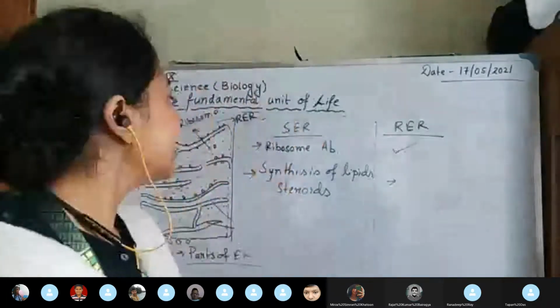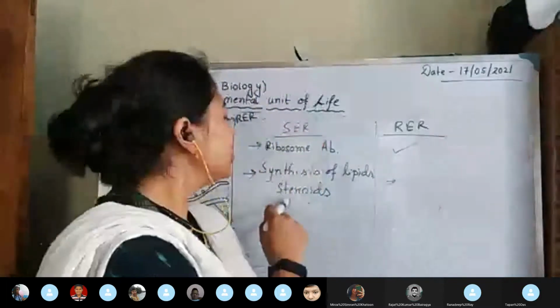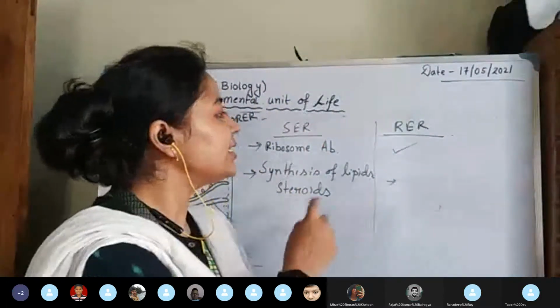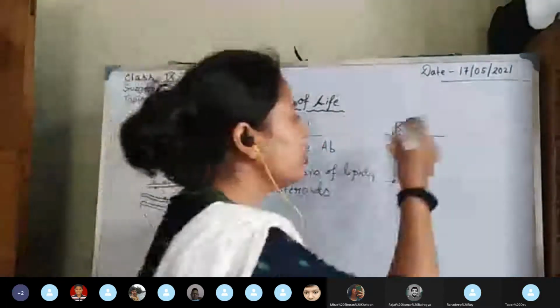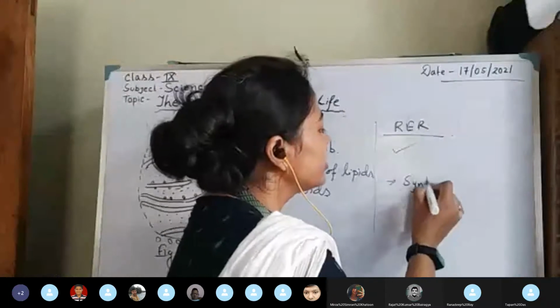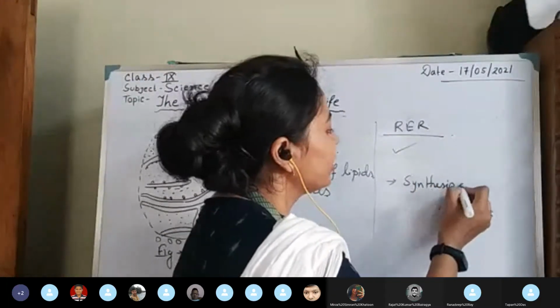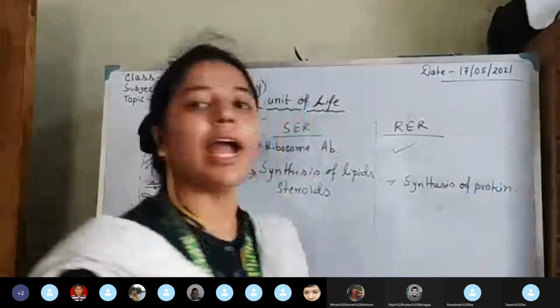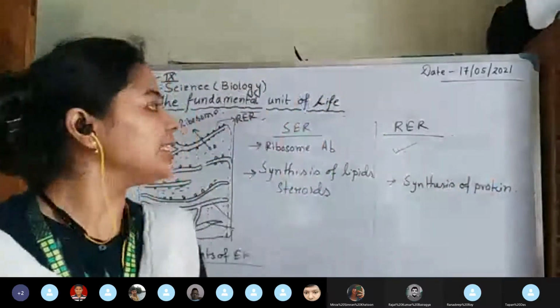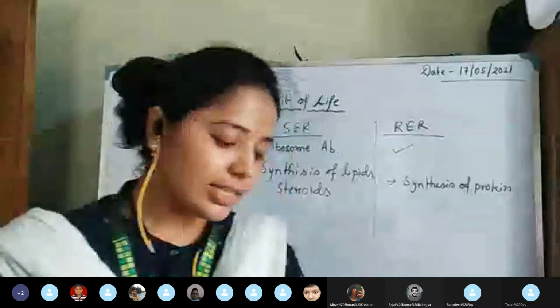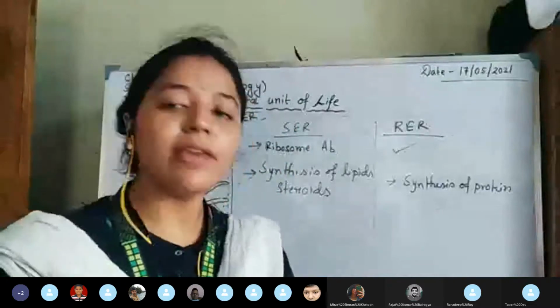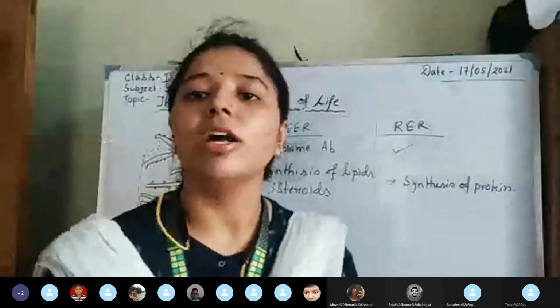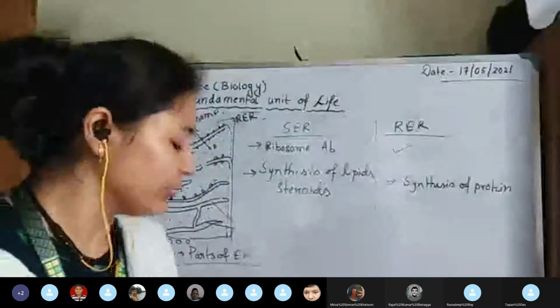So SER is mainly responsible for the synthesis of lipids and steroids, but the function of RER is the synthesis of protein. So here we have found another difference between SER and RER. Synthesis of protein is the main function of RER, or rough endoplasmic reticulum.